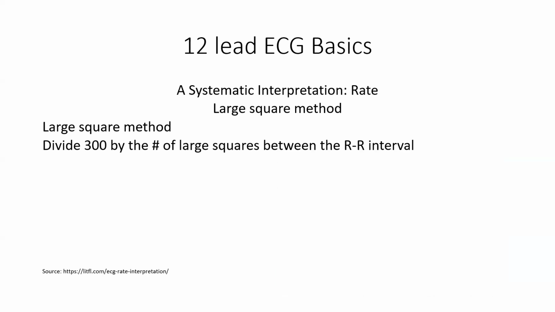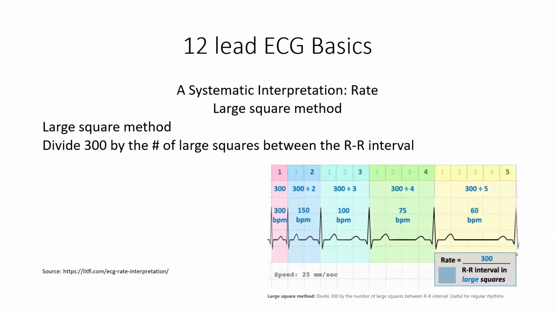Large square method, I use this a lot, especially when I'm looking at device interrogations, because on those EGMs, you don't get an automatic heart rate reading. But there are 300 large boxes in 1 minute, and you divide the number of large boxes between the R to R interval into 300, and you get the heart rate.